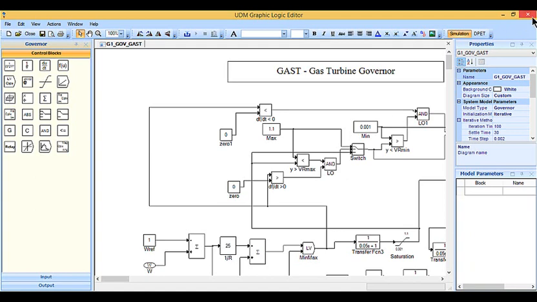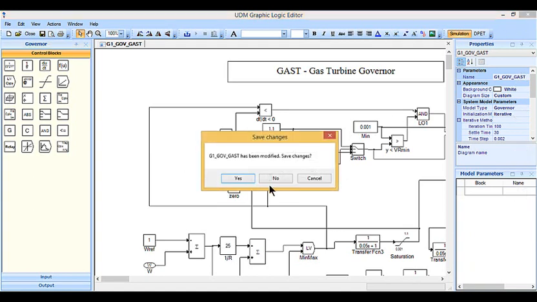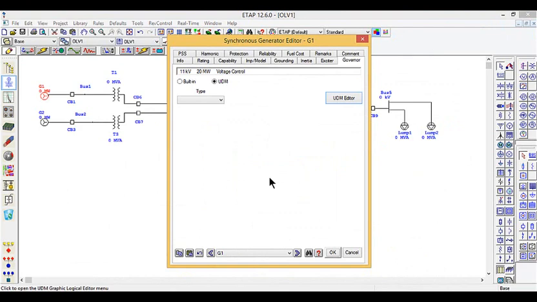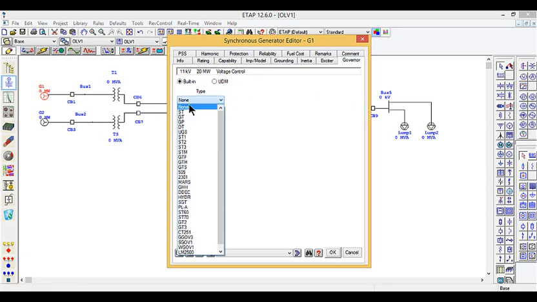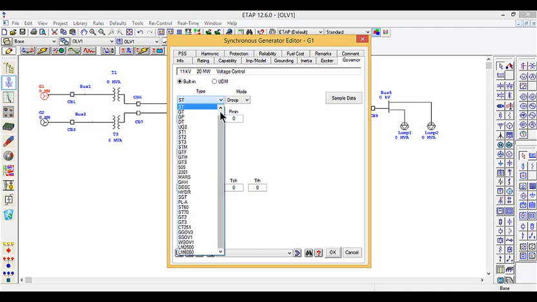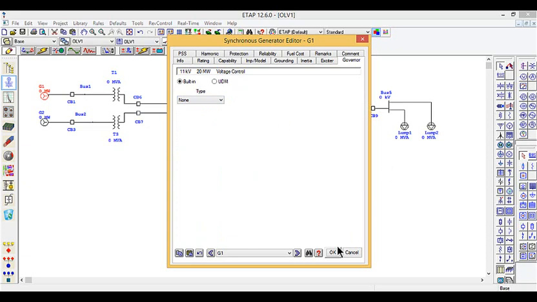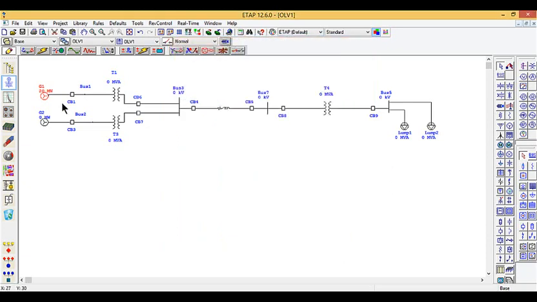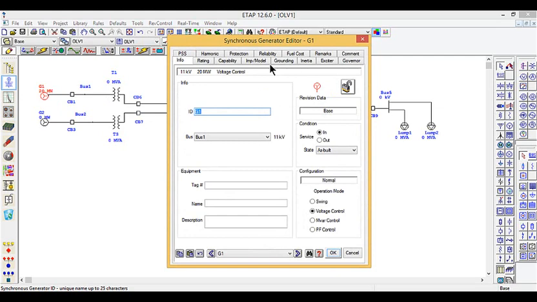At the moment, I am not changing any of these values, so we just go on to the built-in type of exciter, which is fixed, and the governor, which is, let's select it as none. So that completes the tab of our generator modeling.